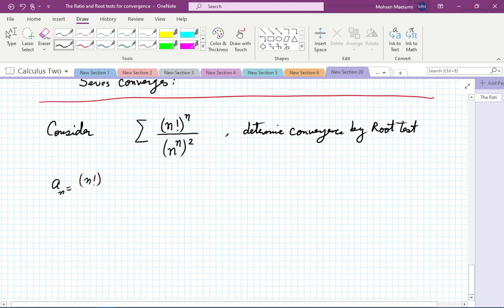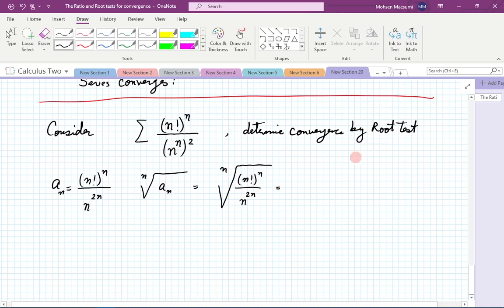Everything is positive here. Well, n to the power of 2, you can multiply old and new exponents, it becomes n to the power of 2n. The nth root of a_n, well, let's write it. The nth root of n factorial to the power of n, and then n to the power of 2n.